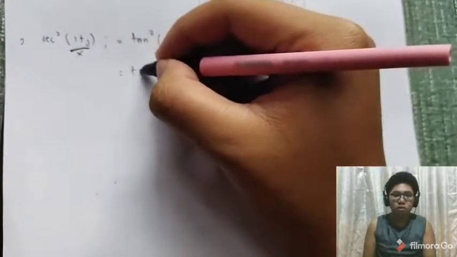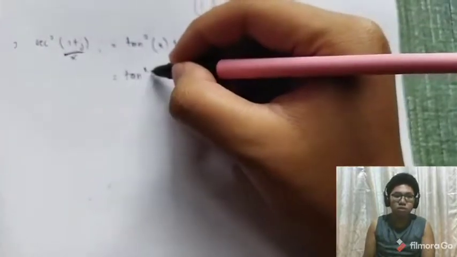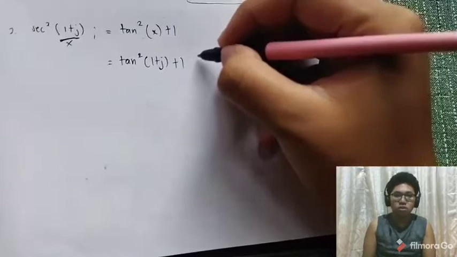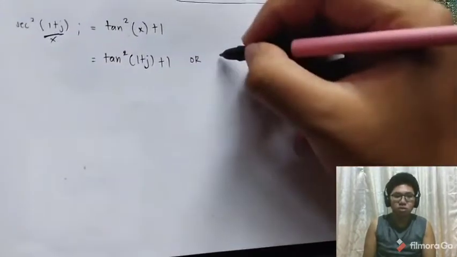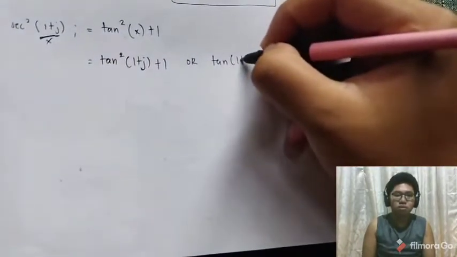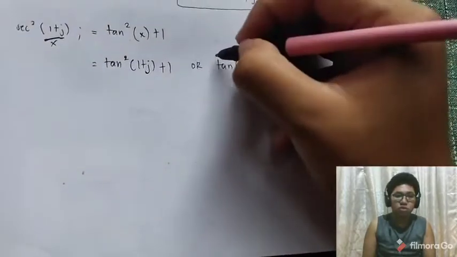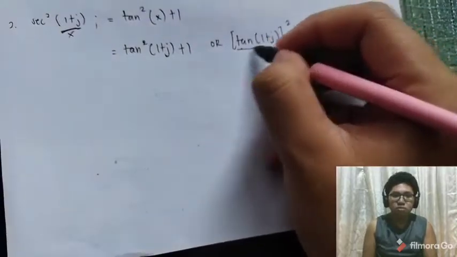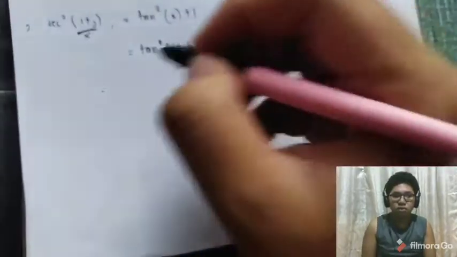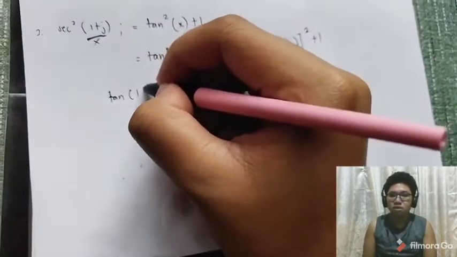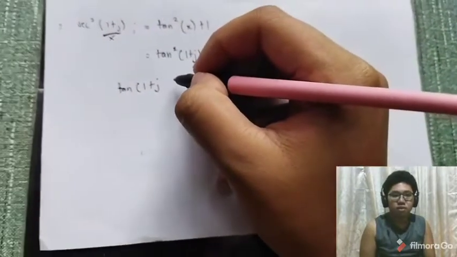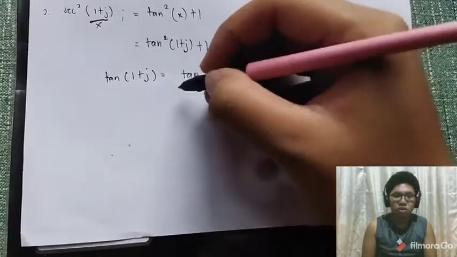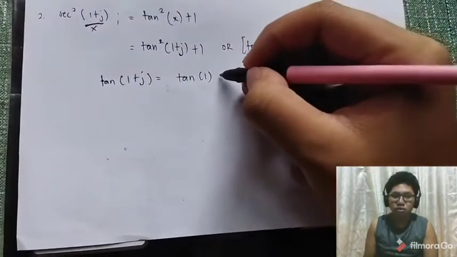So our x here is 1 plus j, that would be equal to the tangent squared of 1 plus j plus 1, or we can distribute the power to the outside. Then we will get the value for the tangent of 1 plus j. Later on we will raise that to square.